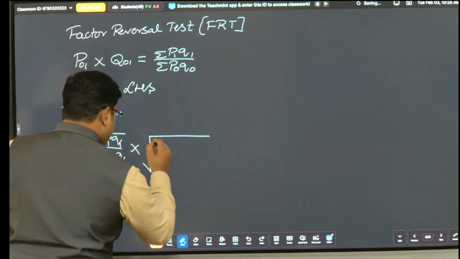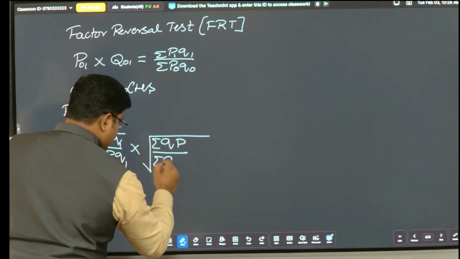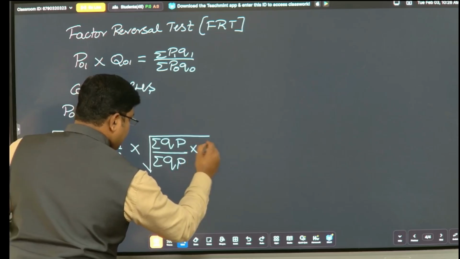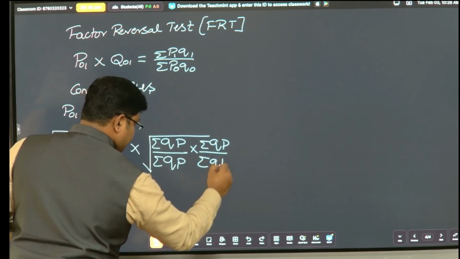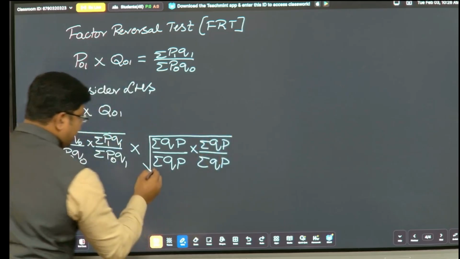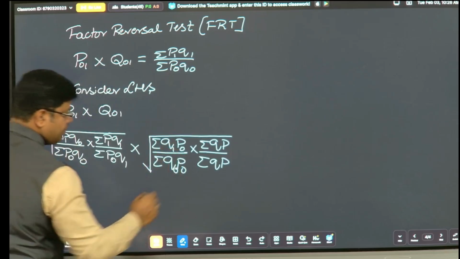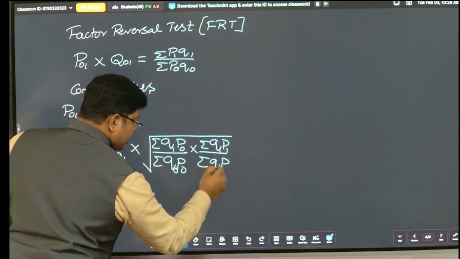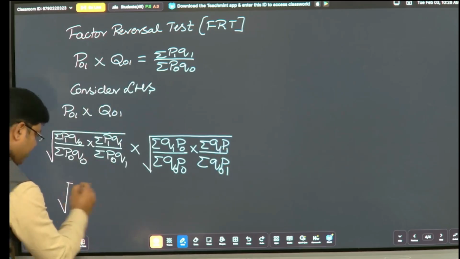So summation Q1 P0 divided by summation Q0 P0 into summation Q1 P1 divided by summation Q0 P1. Now, can you please help me to substitute the values from the previous table?